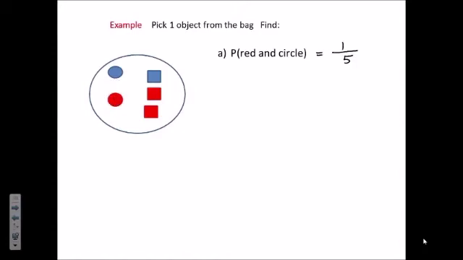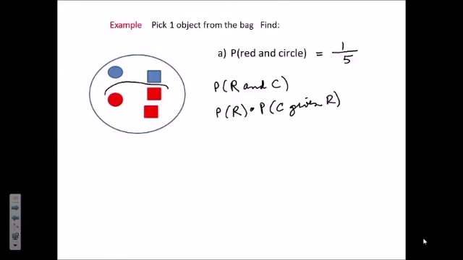Or you could use the AND rule. The probability of red and circle is the probability of red times the probability of circle given red. What's the probability of picking red from this bag? There are 3 red ones out of 5 objects.